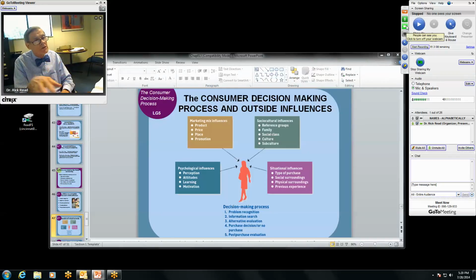Remember, we have this marketing mix, and then the socio-cultural influences, psychological influences, and situational influences. Not going to go through all those, but it's something that you can see and something that you should take into consideration when you're thinking about these things. You can see it, by the way, in figure 13.7 on page 370.